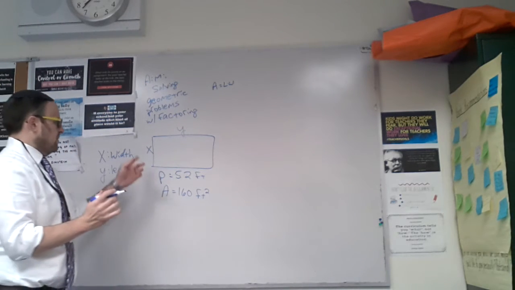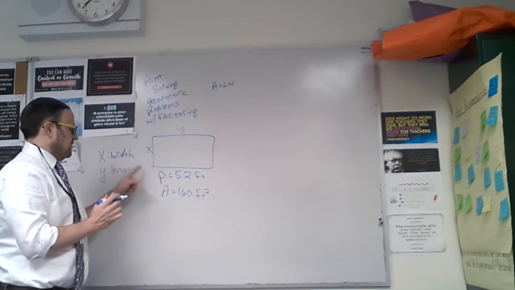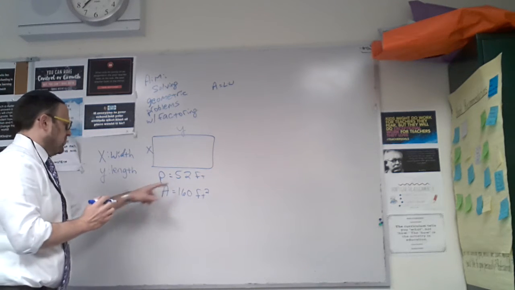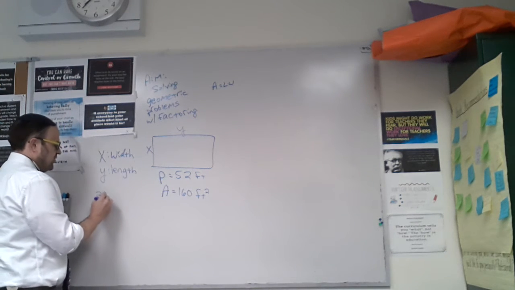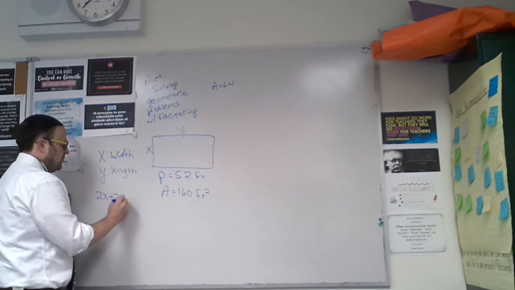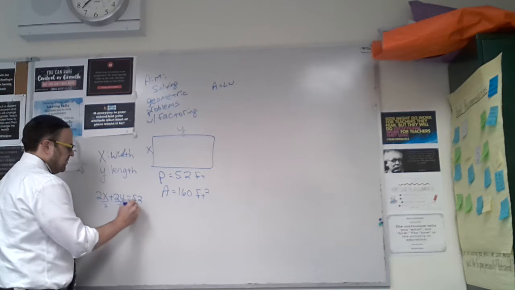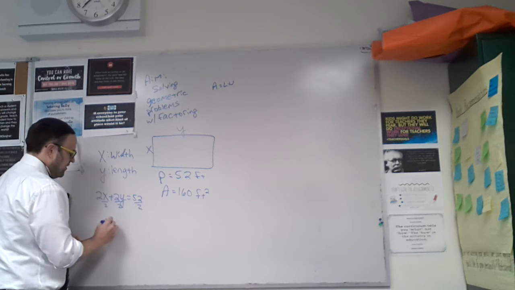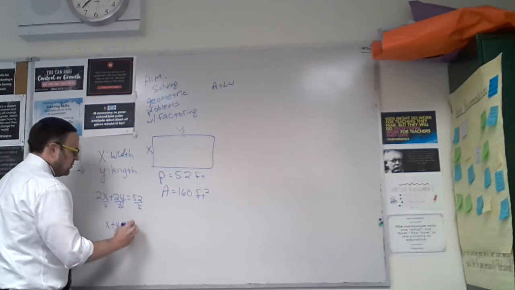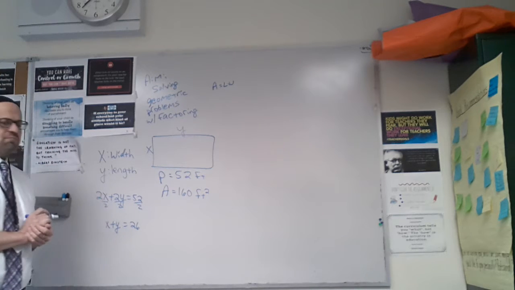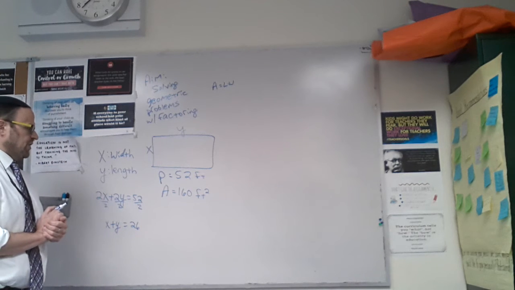What does that mean? X and Y are the dimensions, and the perimeter is 52. So that tells us 2x plus 2y equals 52. We can make things a little bit simpler. Divide everything by 2, and we get x plus y equals 26. Okay, so far so good.